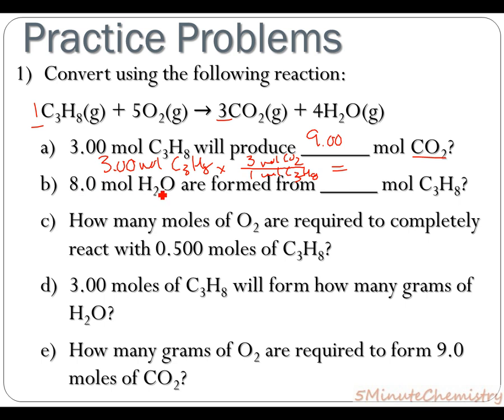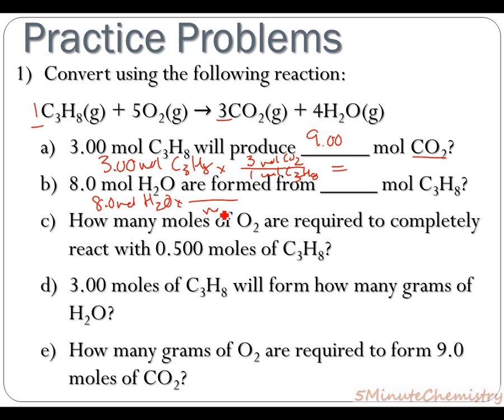Now 8 moles of H2O are formed when how many moles of C3H8 are going to be reacted? So we're working backwards now. Moles of H2O, the product, is what has formed, and we're determining how much of our propane was required. So we'll take our 8.0 moles of water.